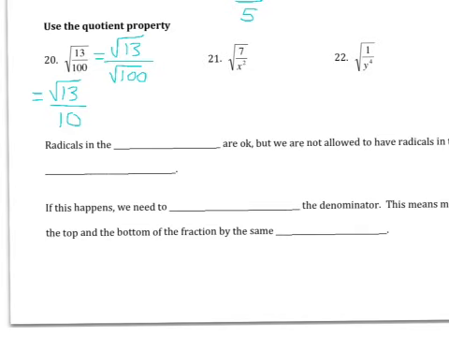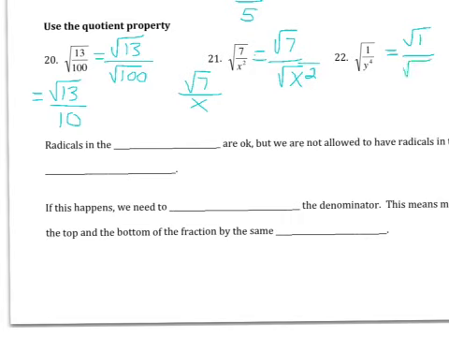Let's take a look at 21. So we can break this up as the square root of 7 over the square root of x squared. The square root of x squared is just x. We can't take the square root of 7, so we just leave it as the square root of 7 over x. And finally, our last one, 22, we have the square root of 1 over the square root of y to the 4th.